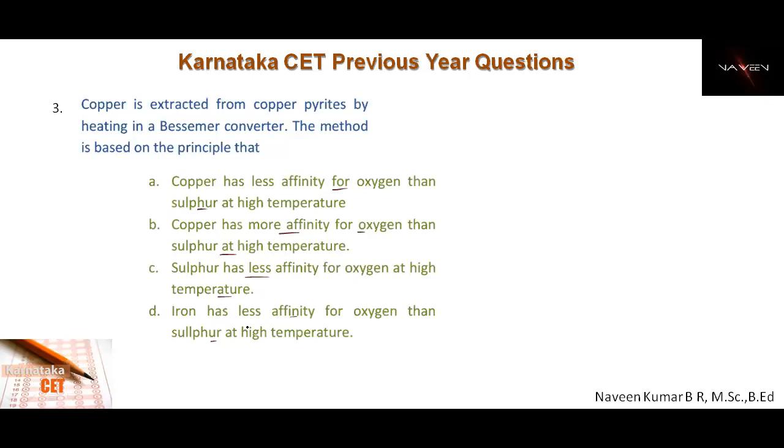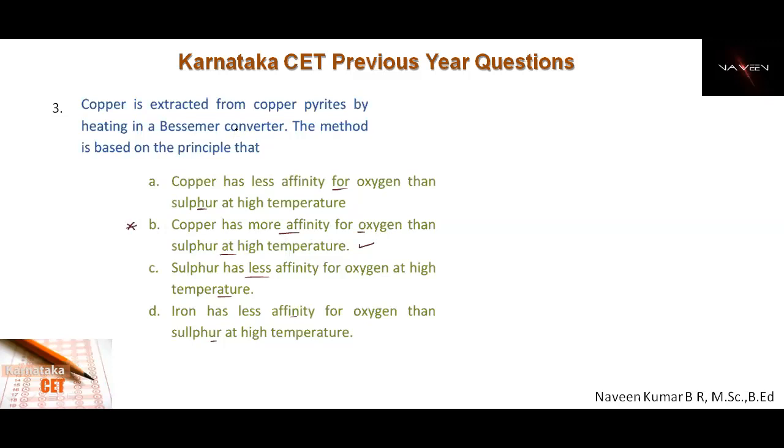Now, the main principle in the extraction of copper, if we observe, is in the reverberatory furnace. Bessemerization or the Bessemer converter is a type of reverberatory furnace, where the ore is oxidized into its oxidized form. Here the copper should convert into its oxide. So copper has more affinity for oxygen than sulfur at high temperature. This principle is exploited.